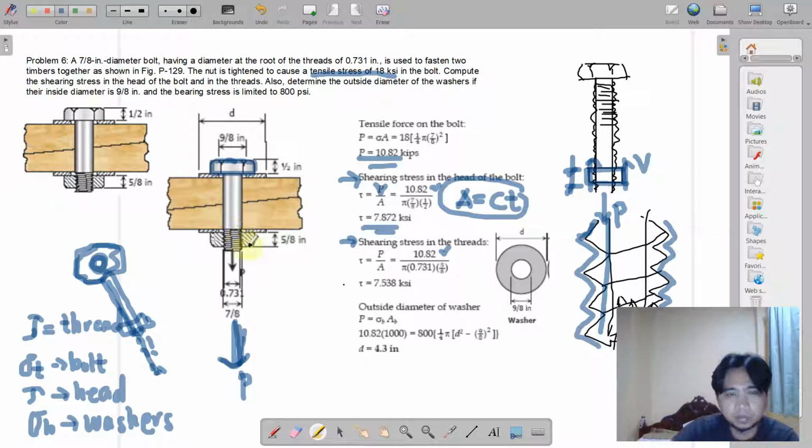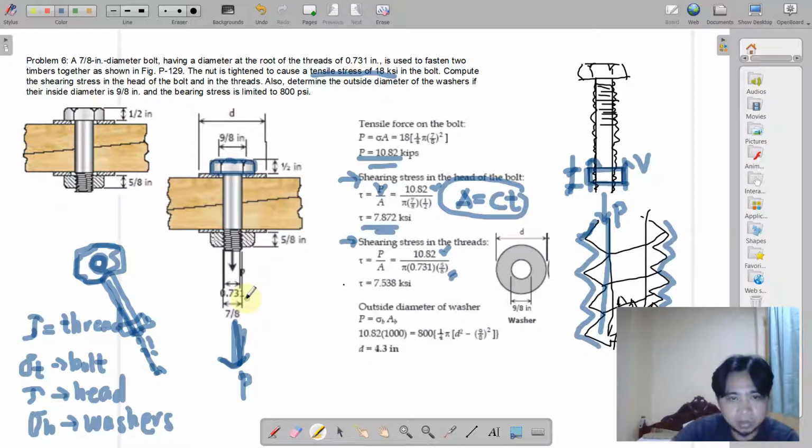So where is the root of the thread involved? It is involved in the knot. Basically, we will just consider the space that is occupied by the contact between the knot and the root of the thread. So that is 5/8 in thickness.